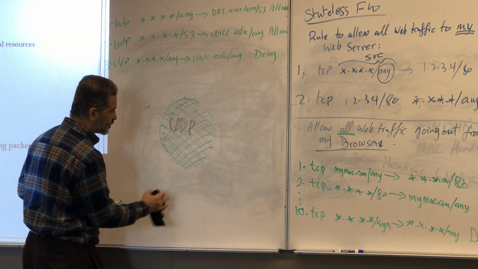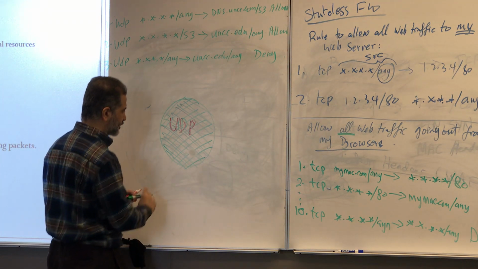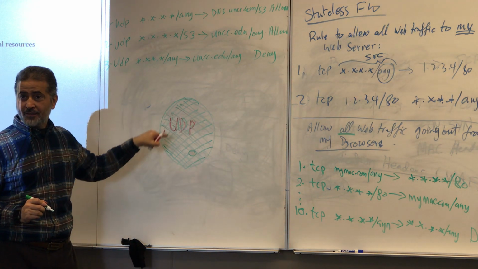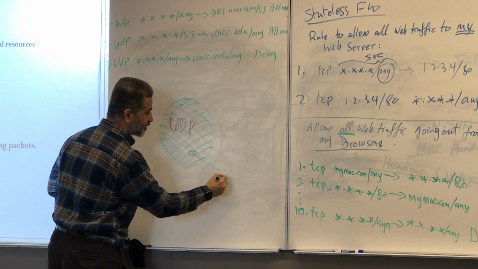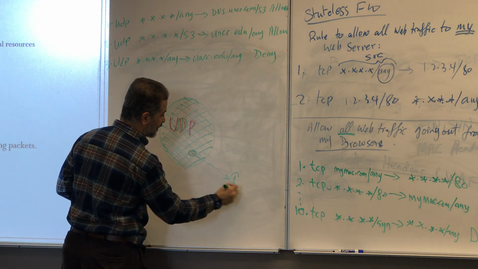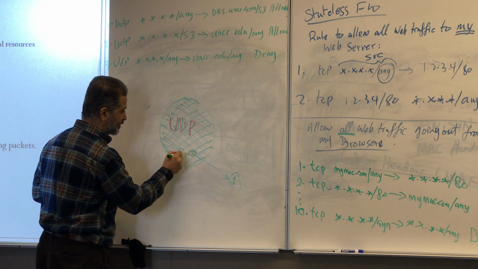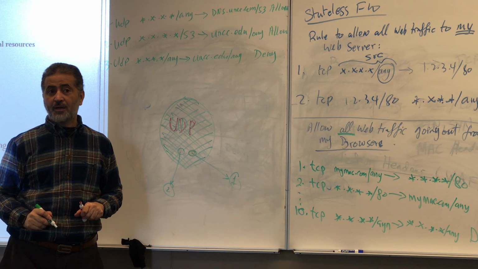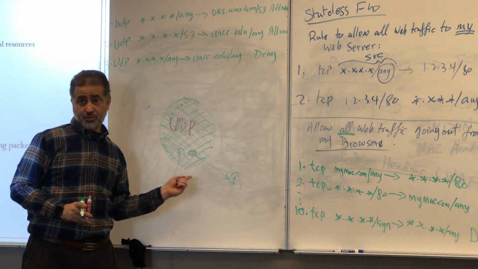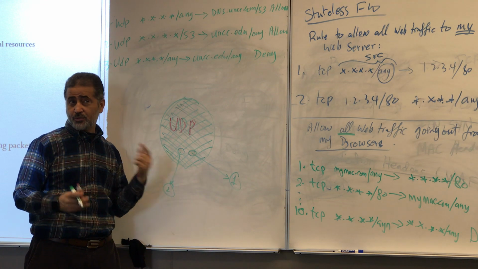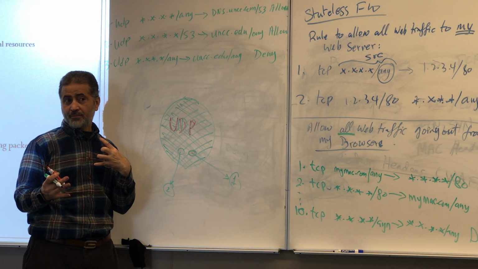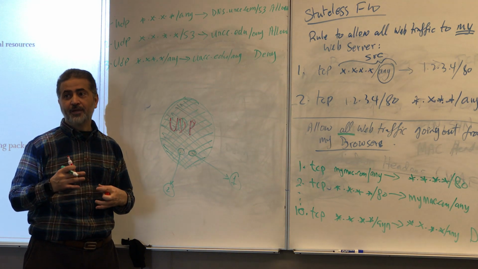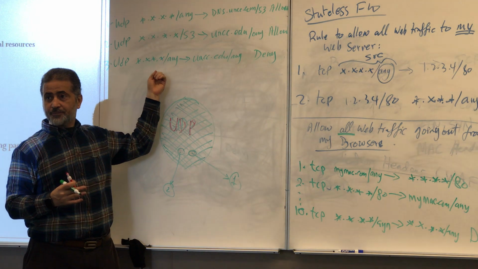And then you come and poke a hole here. You allow this, which is the traffic for rule number one. And maybe another hole here, traffic for rule number two. I give you this picture to see that I have to look at the correlation between the rules. So here I made an exception.